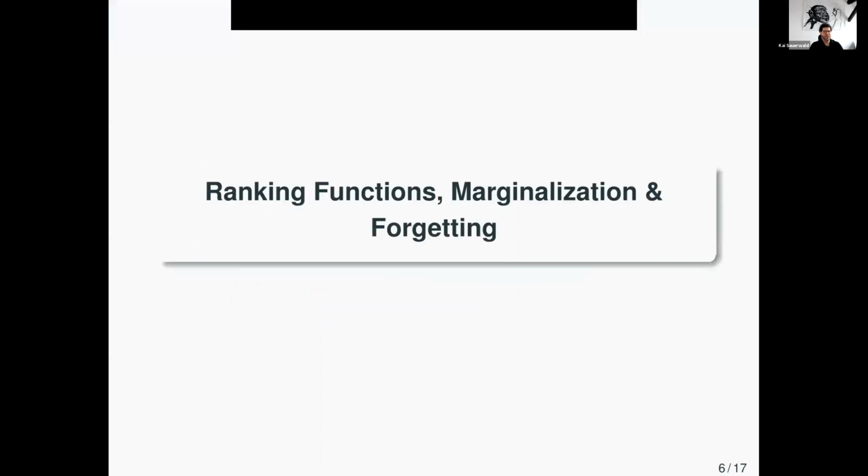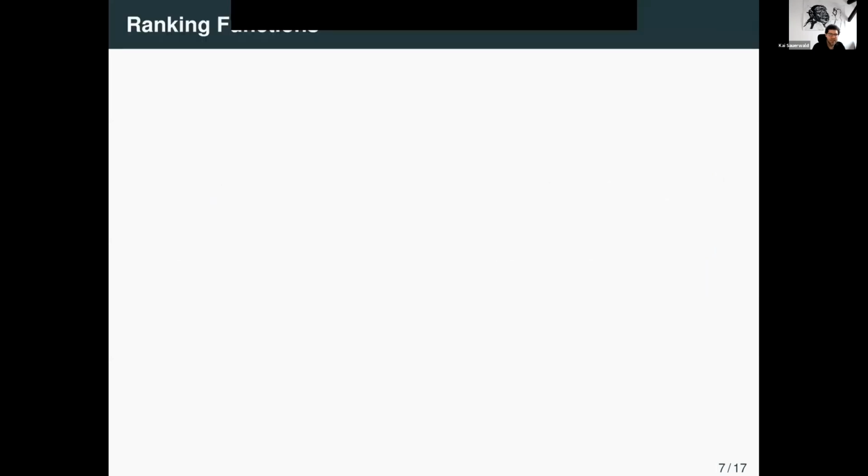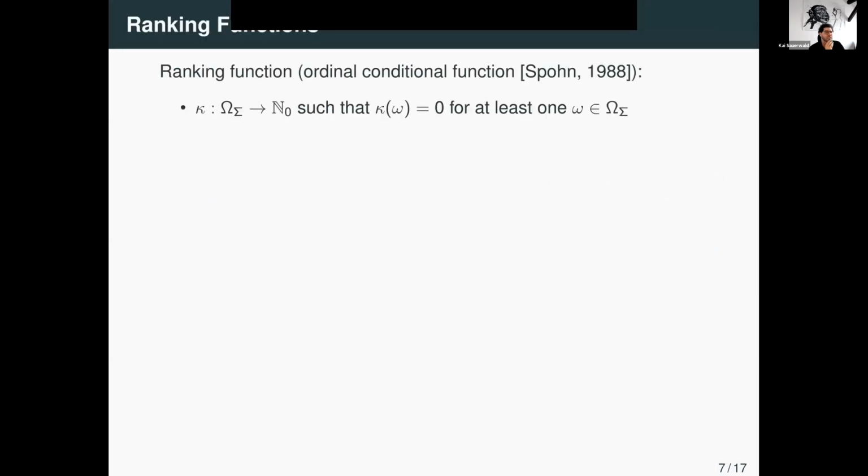Okay, ranking functions. So what is a ranking function? They were introduced by Spohn in 1988, and they are functions mapping interpretations to ranks, which are here natural numbers including 0, in such a way that there's at least one interpretation which gets rank 0.